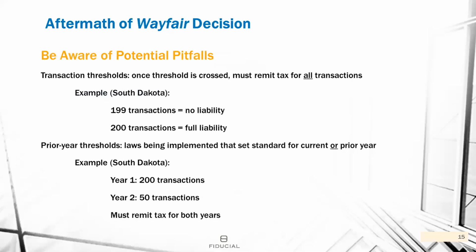So if you're a small business owner and you had 200 sales going into the state of South Dakota, if you have 200 transactions, then you have to remit sales tax for all of those transactions. If you only had 199 transactions, then you don't have to remit sales tax for those transactions.